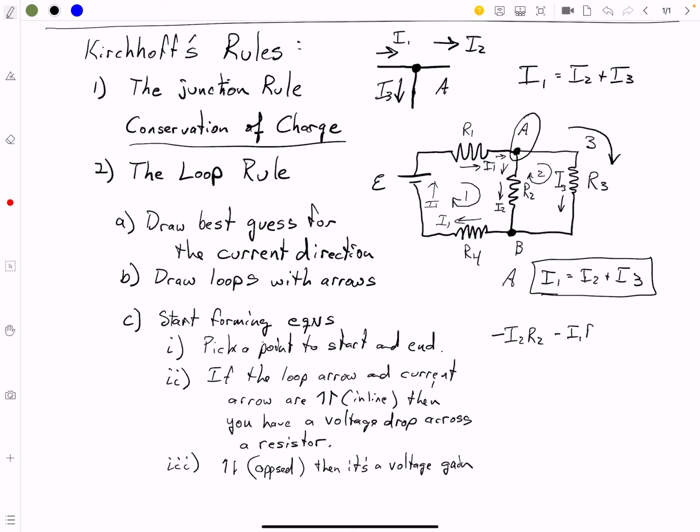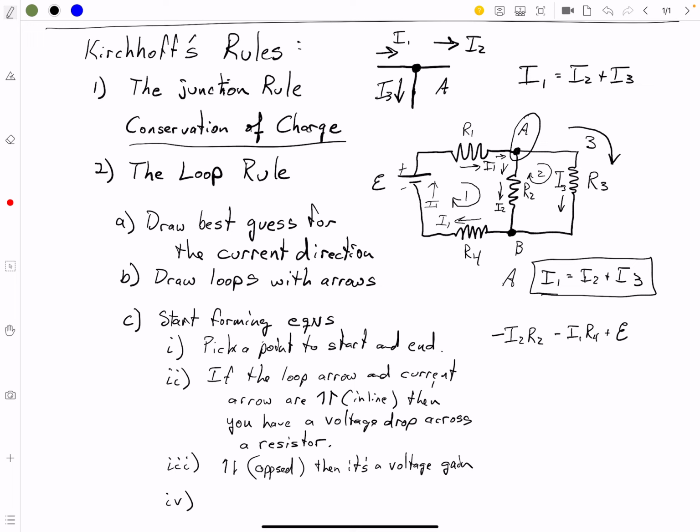So I1, R4. Now what happens when we get to our battery? Okay, we get to our battery and we're going from the negative to the positive. And so negative to the positive is going to give us a voltage increase.